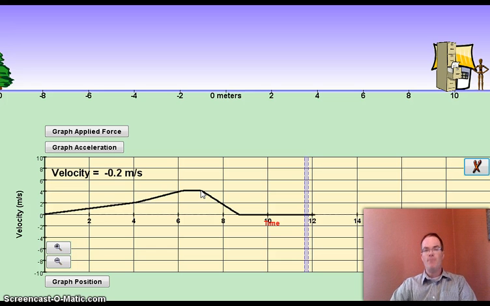The object in motion remained in motion. Forces are not required to keep an object in motion. No force was being applied at this point here, and yet the object remained in motion. There is a very important lesson.